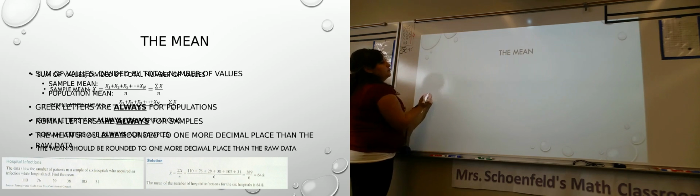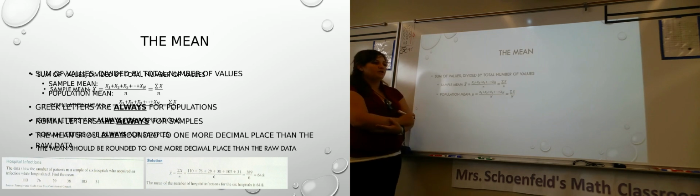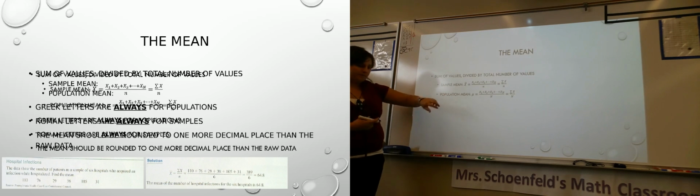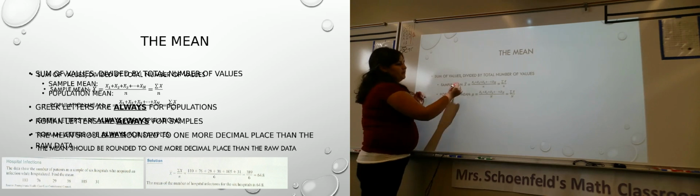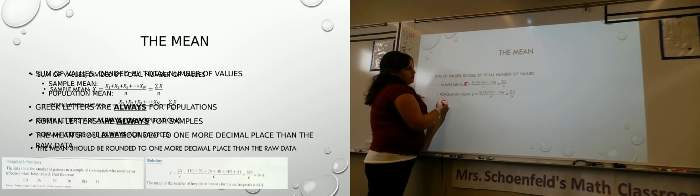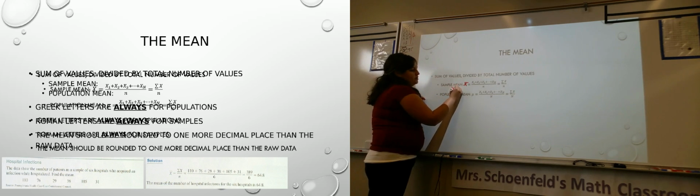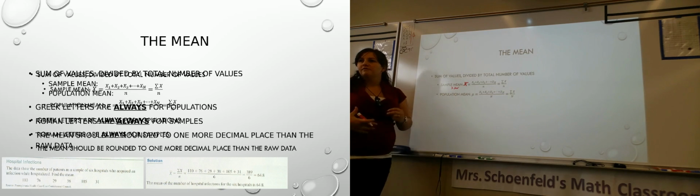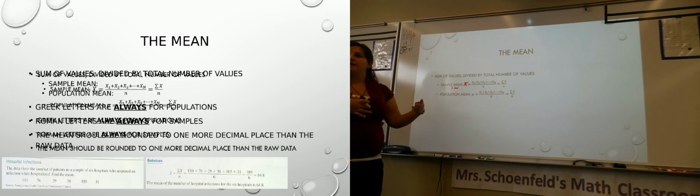Okay, the mean. We've all done the mean before. When we have statistics, samples, or parameters, populations, we denote it with a different variable. The main variable is x bar, x with a bar on top. If I say the sample mean, make sure you're writing x bar.